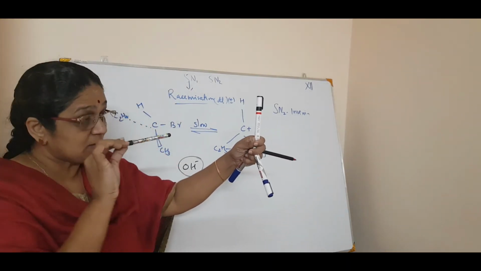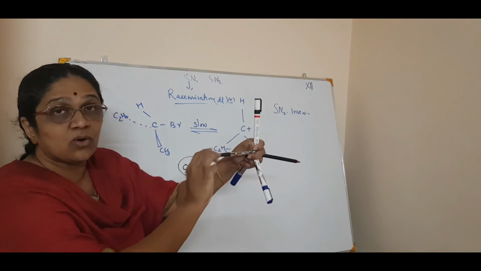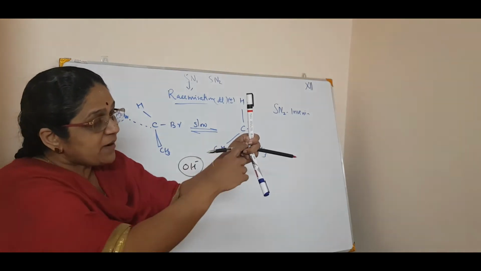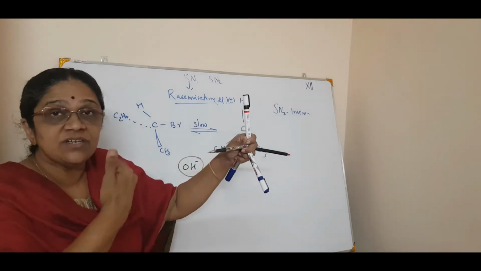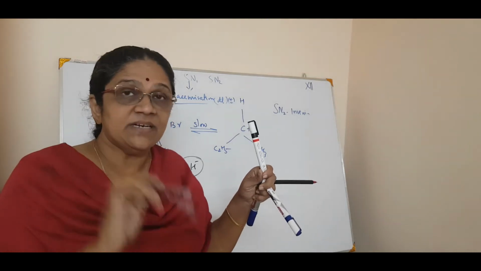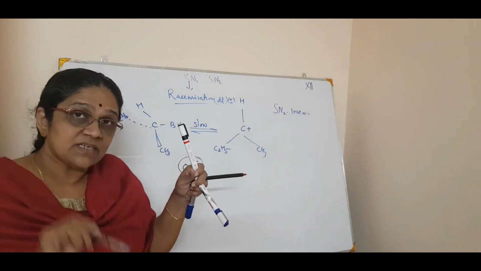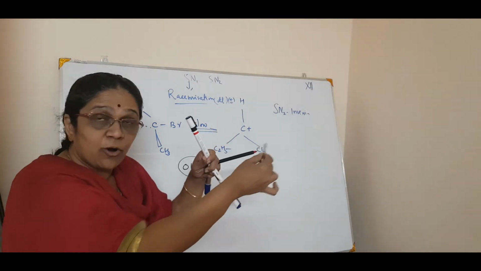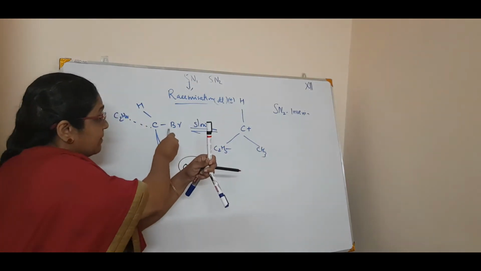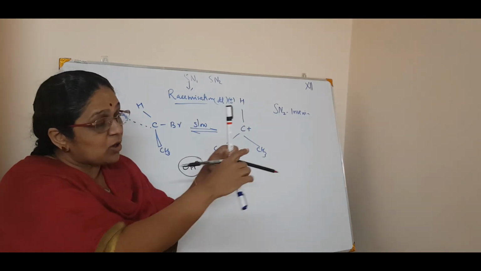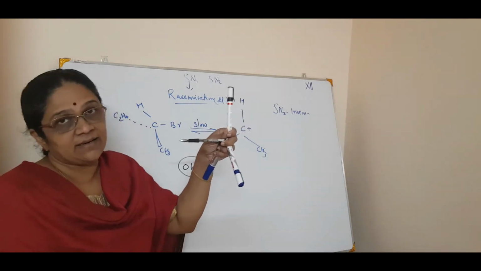Now what happens? If the nucleophile comes from the opposite direction, it can also have the same chance, a 50-50 chance. If the OH minus attacks in this opposite position, there is a 50% chance of getting this product, that is, the OH minus on the same side where the Br minus is, or the OH minus on the opposite side.